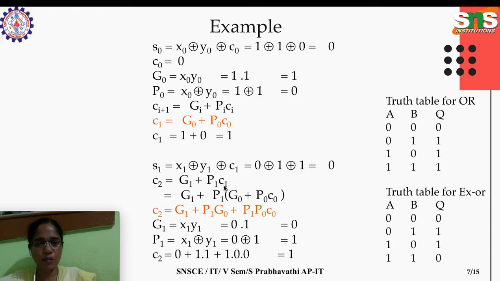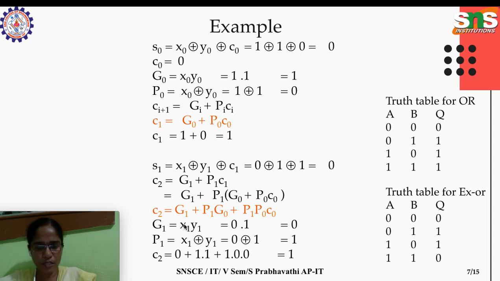For C1, we have just calculated it, so we could replace C1 with 1, or else we could go like this: C1 is nothing but G0 plus P0 C0. So C2 is equal to G1 plus P1 G0 plus P1 P0 C0. Applying the values, Gi is Xi Yi and Pi is Xi XOR Yi, and if we apply the values here, we will get C2 as 1.